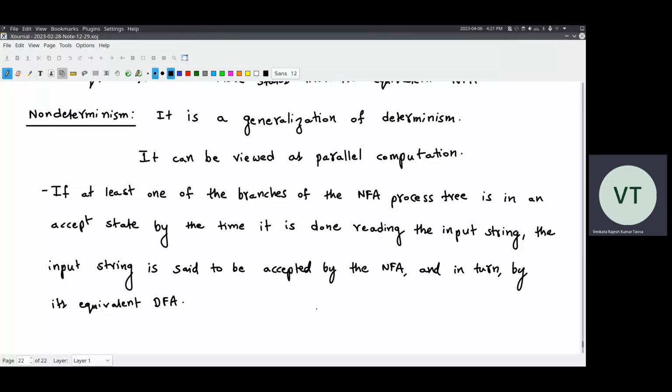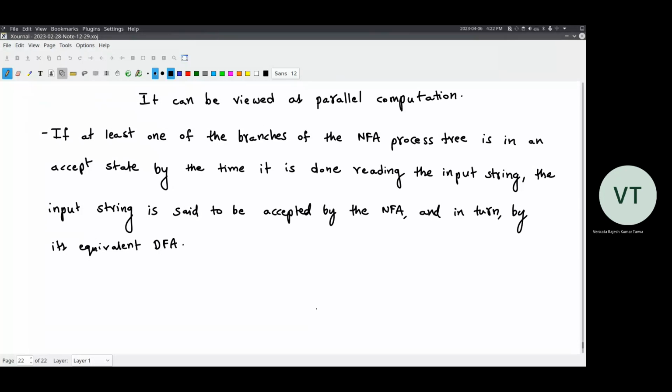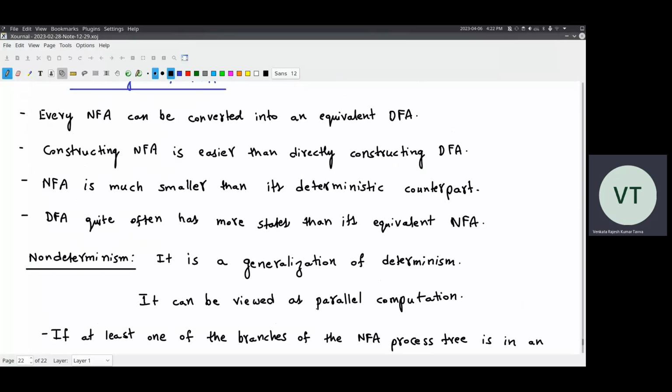At the end, when you are done reading the input string, there may be multiple branches. If at least one of these leaves is a final state or an accept state, then the string is accepted by at least one branch, which means it is accepted by the NFA, and therefore by its equivalent DFA. Okay, so we'll look at an example now. Let's take this same machine.